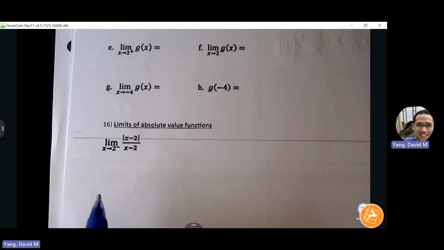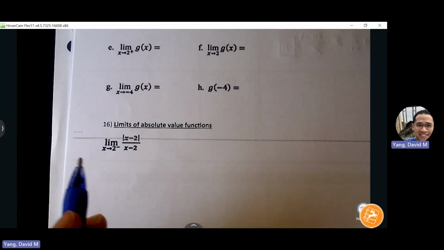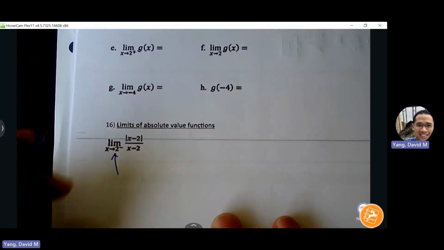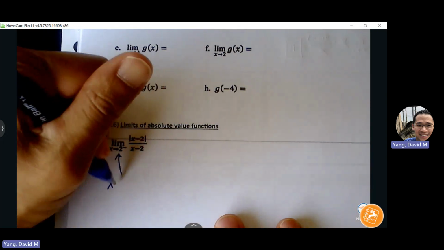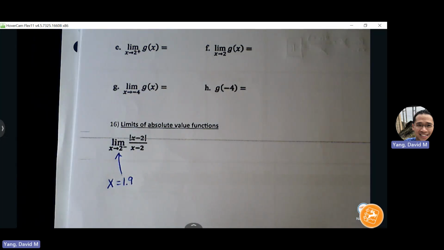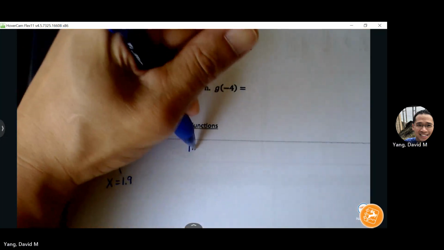So in this case, I think the fastest way is just to choose a value that is relatively close to 2, like 1.9, right? I know that 1.9 is going to be close enough to 2 for me to get a pretty good read on what's going to happen. So if I insert 1.9 in for x, let's see what happens here.